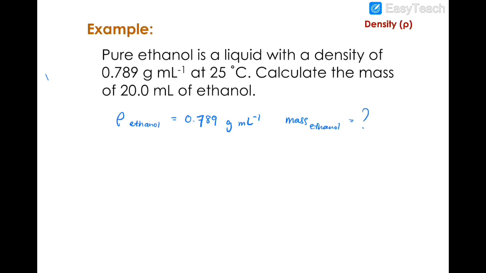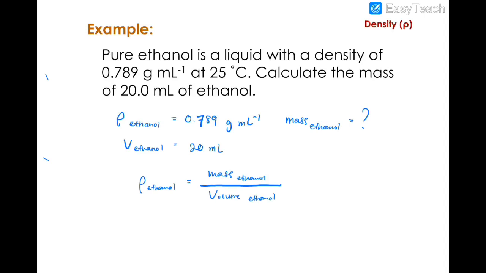So ini yang kamu nak cari, and given to you pula adalah volume untuk ethanol is equals to 20 ml. Okay, jadi kamu boleh guna pakai density punya formula, which is equals to mass of ethanol divide by volume of ethanol.